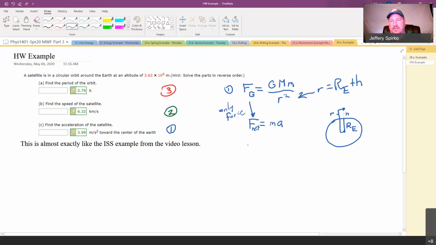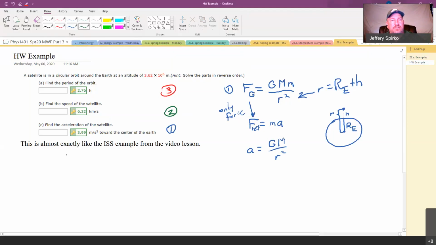So then a is everything in the force, G m over r squared, except for the little m, because it's canceled out by the little m there. So that makes it easy to calculate the acceleration of an object that is in outer space, as long as there's no rocket engines firing at the time, because that would be an additional force.